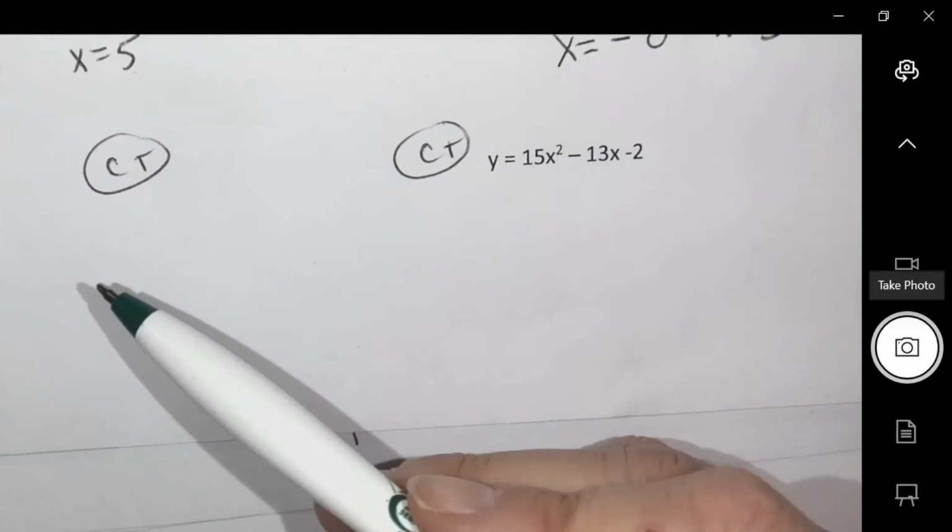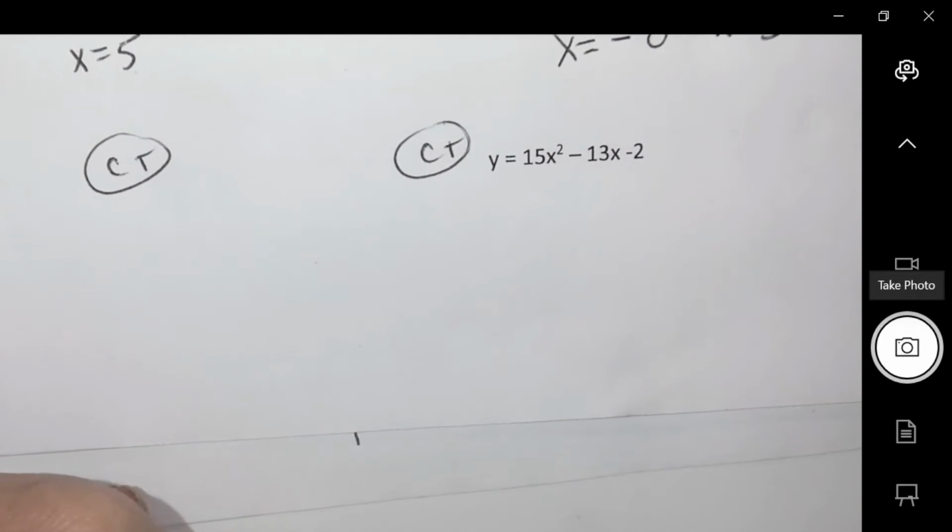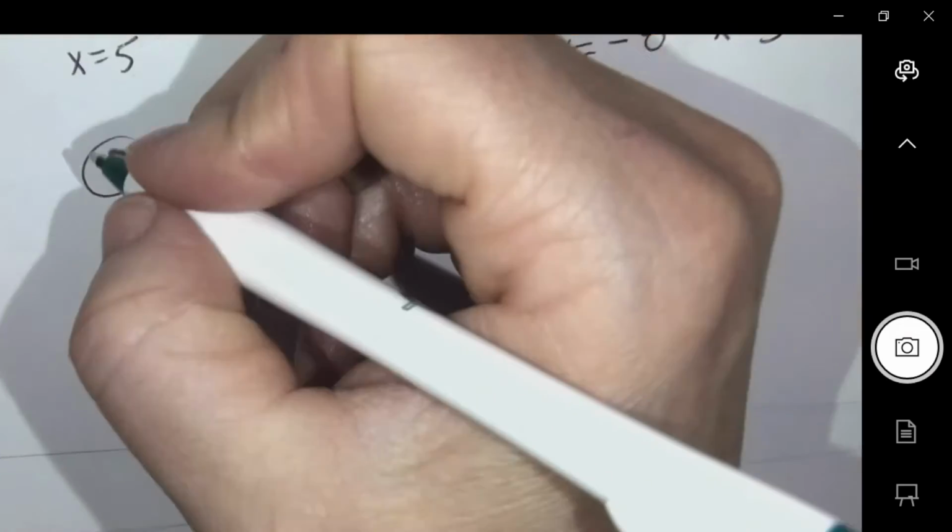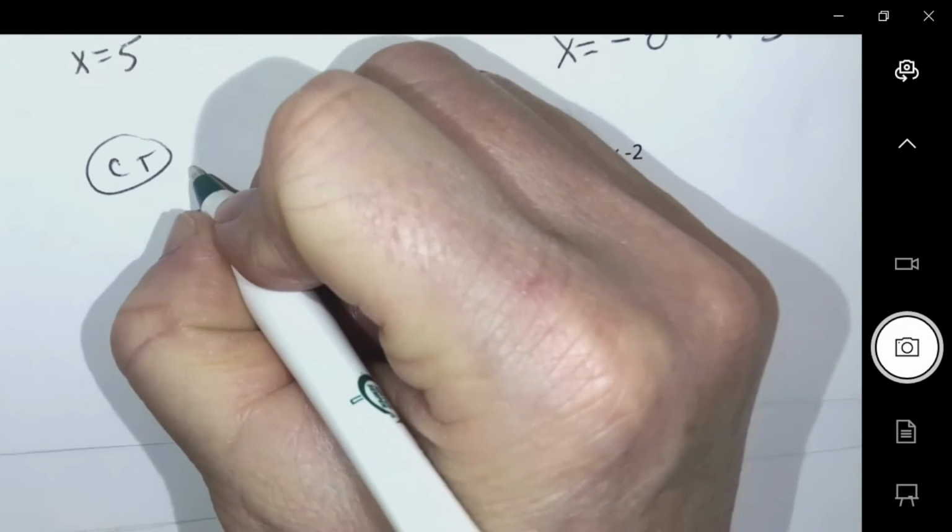Okay, so we skipped them. They were complex. We were going to go back to them. Okay, so here we go.